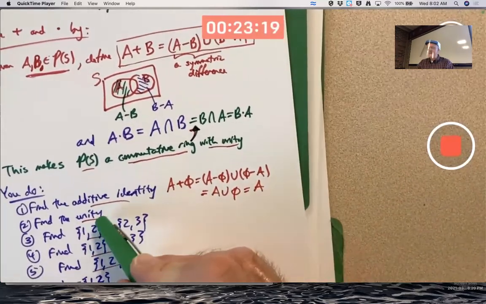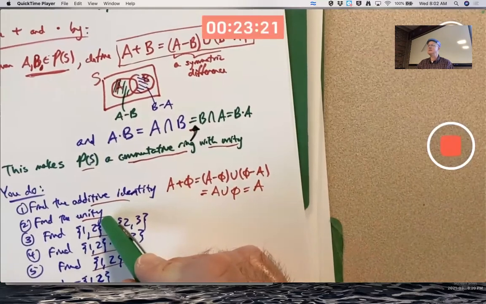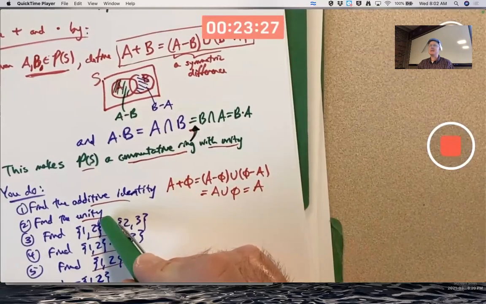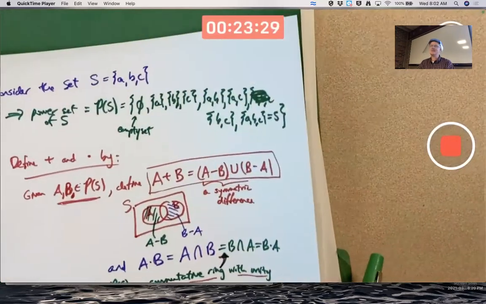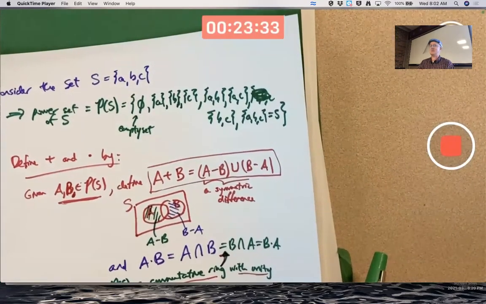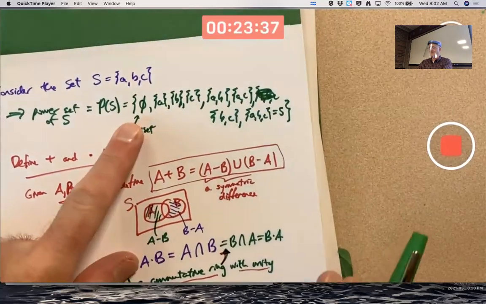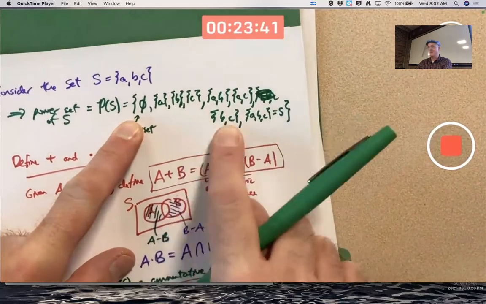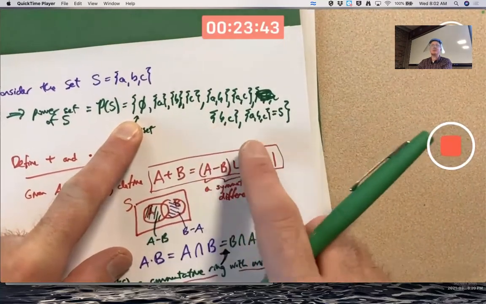What about the unity? I said there were some partial unities, but there's only one full unity. What's the one? By symmetry, you almost have to guess either the empty set or the entire set, right? Because why would it possibly be one of those? Because the symbols A, B, and C are just arbitrary anyway.